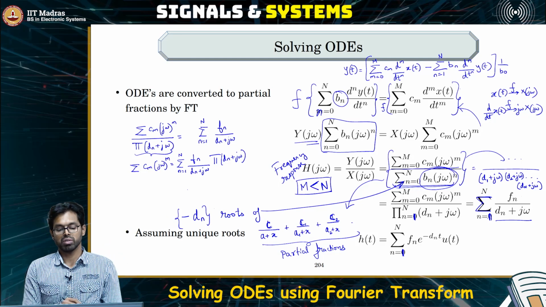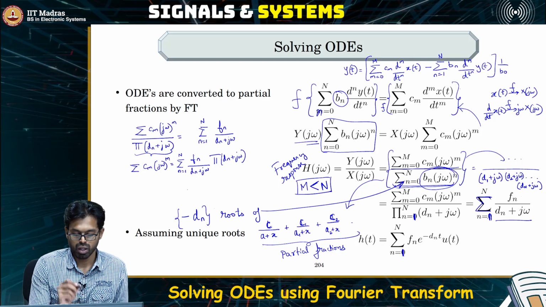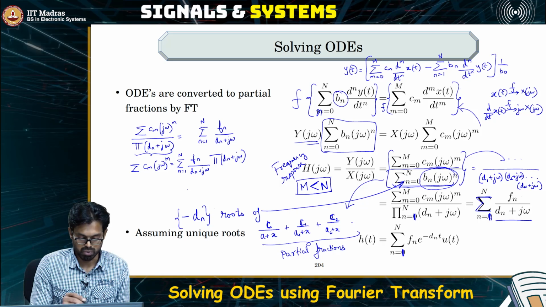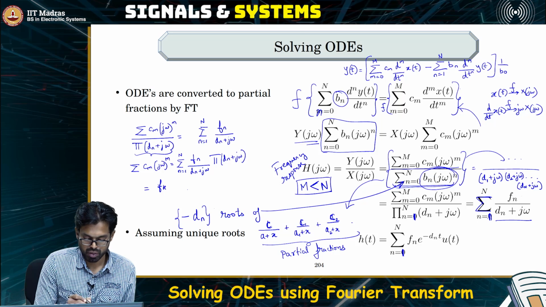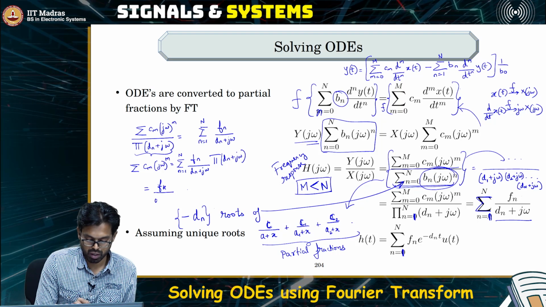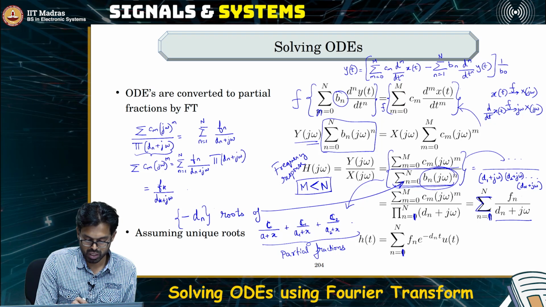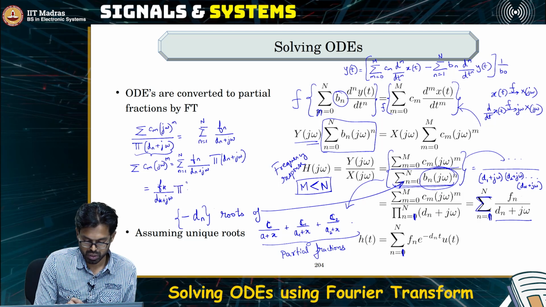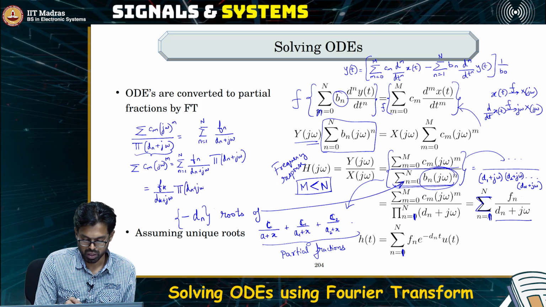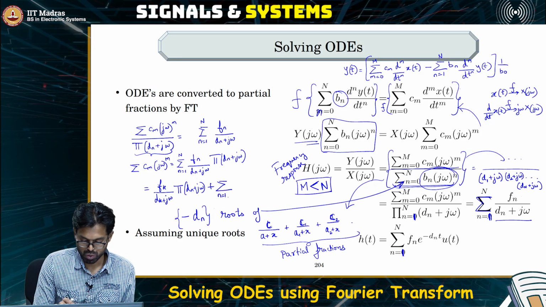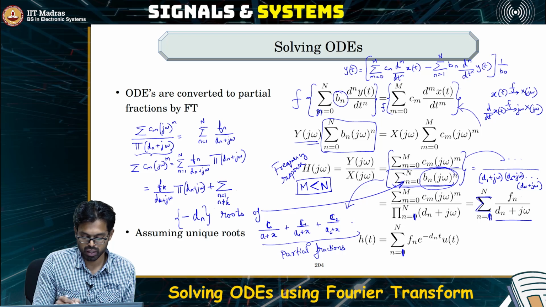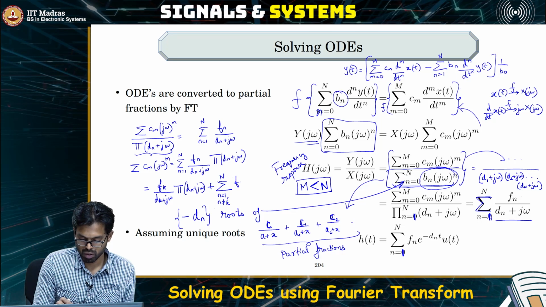Now let us say I want to find out the fn coefficient for the kth term. So you can write this as Fk divided by dk plus j omega times the product of dn plus j omega, plus the summation with n equal to 1, n not equal to k, of the same thing.